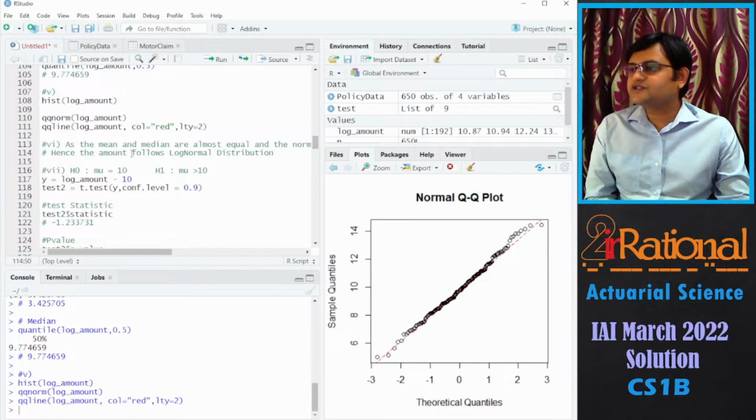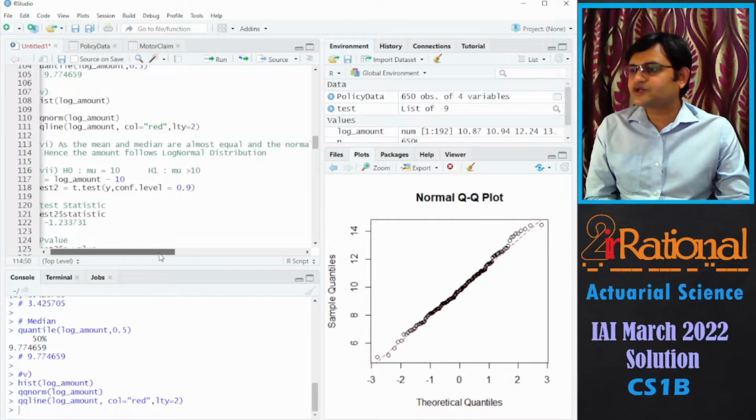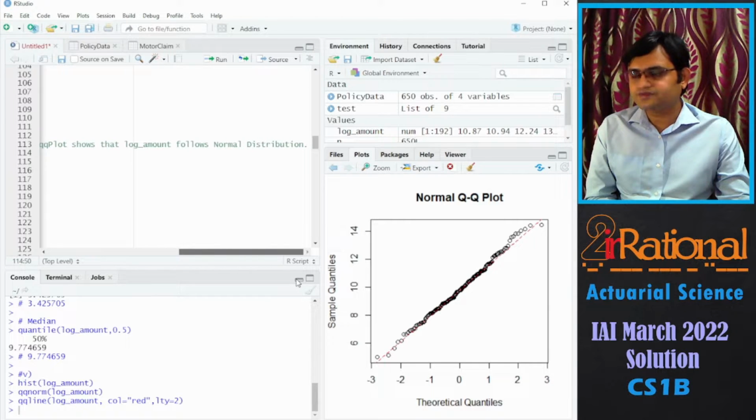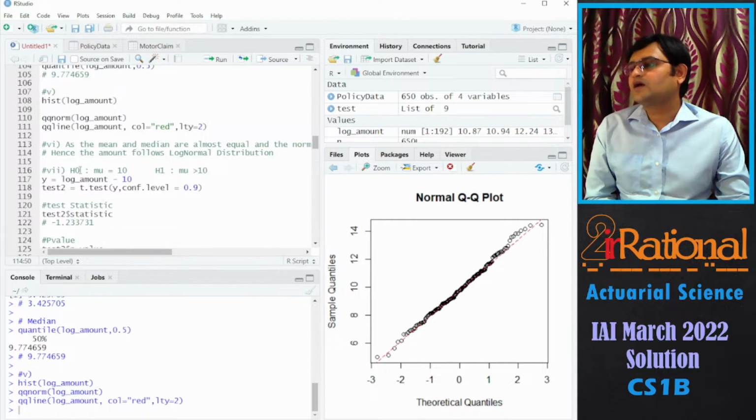So we'll say as the mean and the median are almost equal and the normal QQ plot shows that the log amount follows a normal distribution, hence the amount follows log normal distribution. Because log of amount is following normal distribution, so amount must follow a log normal distribution.